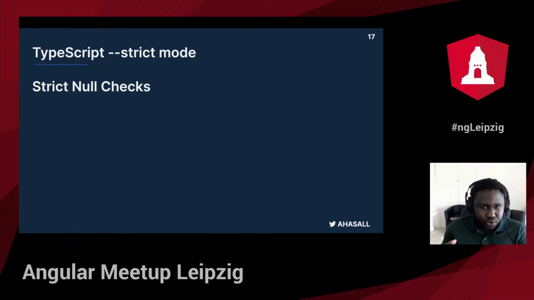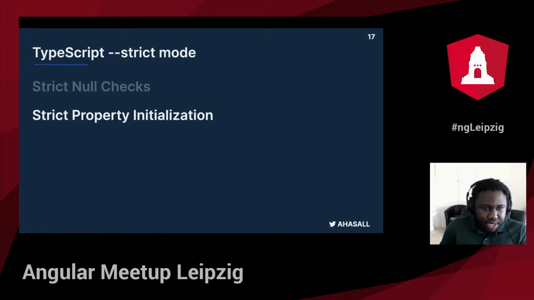You have to do an if and check if this variable is null or undefined. So this will make your code more robust. It will also enable strict property initialization. So this will ensure that all your properties are initialized. So no more values that are left undefined.